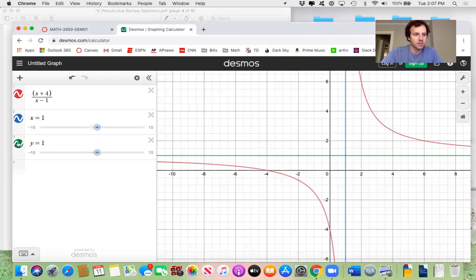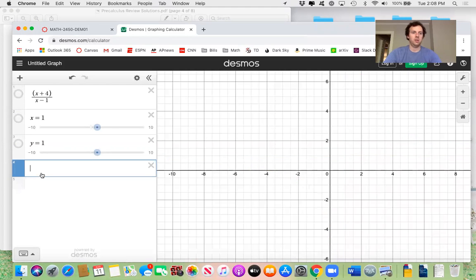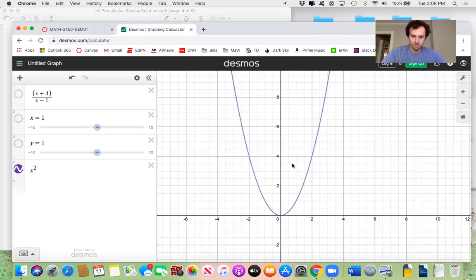That's a little, so before we come back to this one, we don't really need that. We put in x squared here. So here we are decreasing to the left of 0 because the graph is moving down as we move right from 0 to infinity.